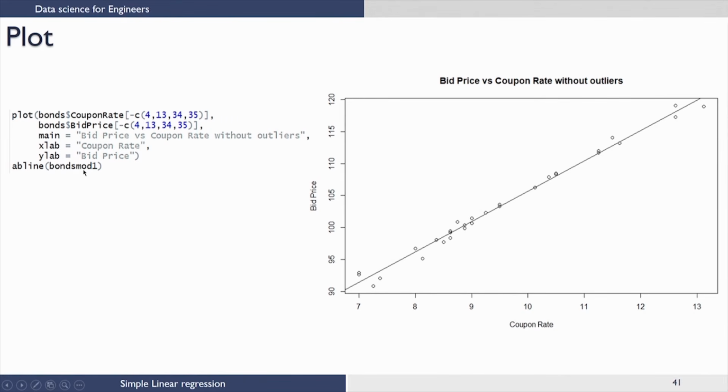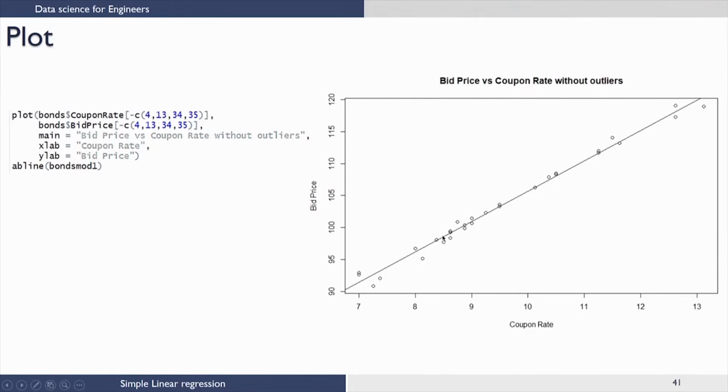So, bonds mod 1 does not have any outliers now, and I am going to plot the regression line over the data. Our regression line fits the data pretty well, though there are some points which are farther away, but it does not change the nature of the slope drastically. So, this is a pretty good model, and we have removed all the possible outliers that we thought were influencing the regression line.